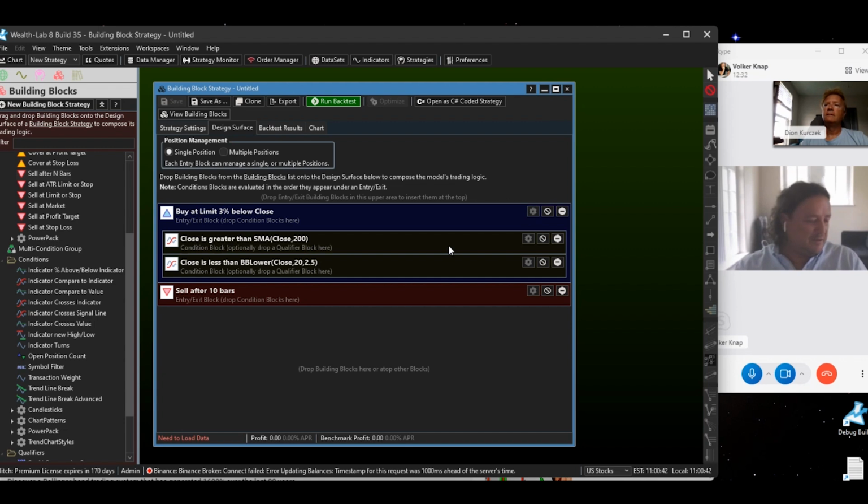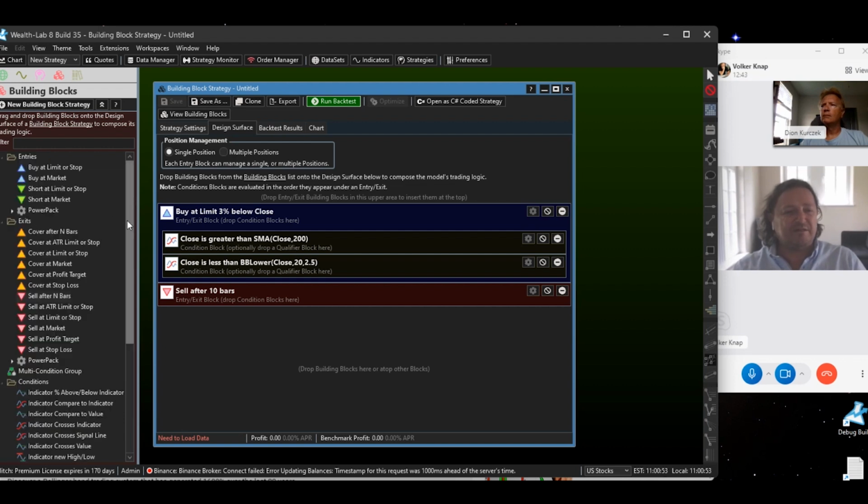Yeah, and the next rule is if the 2-day RSI crosses above 50, that's when you sell on the next day at market open. Okay, so we have a second possible exit, sell at market, and what was the condition?